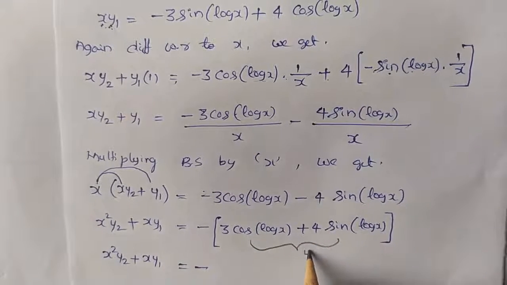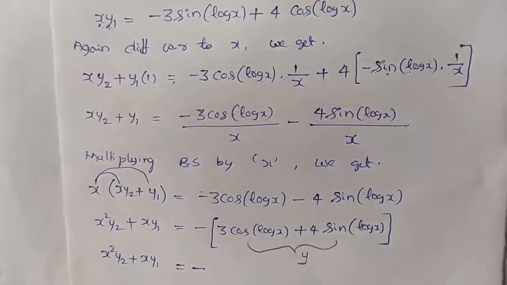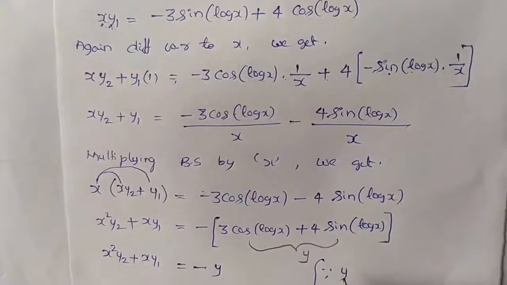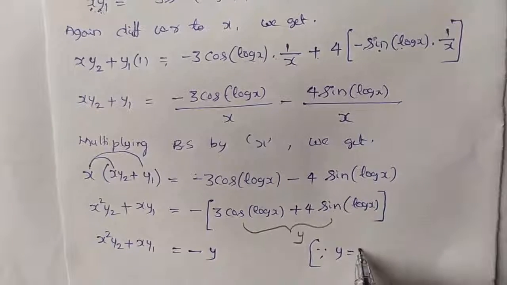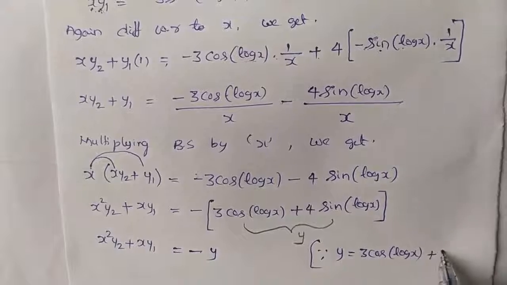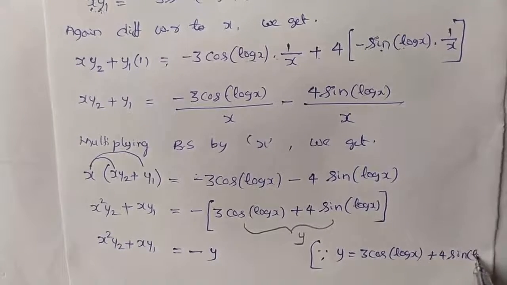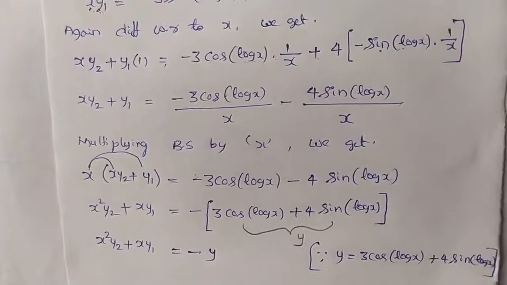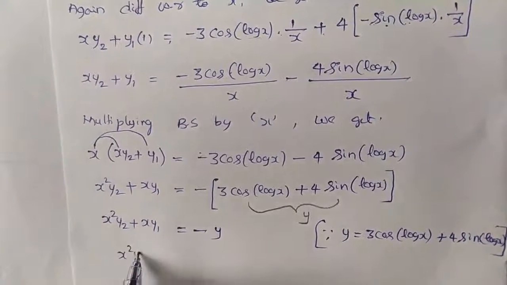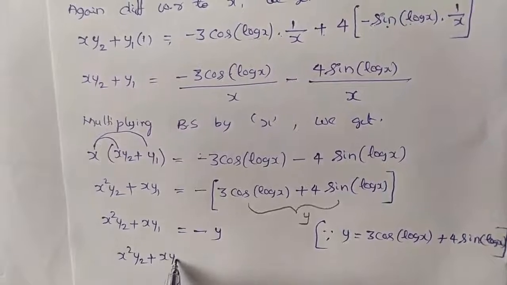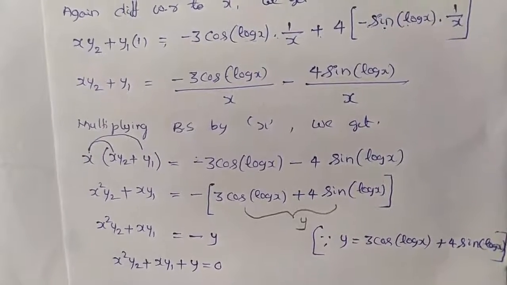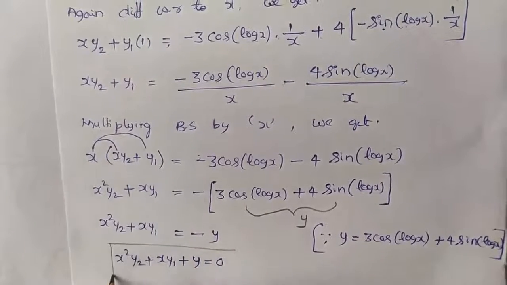In place of this we will put y, so it is minus y. Take this minus y to the left, therefore x square y2 plus x y1 plus y equals 0. Hence it is proved.